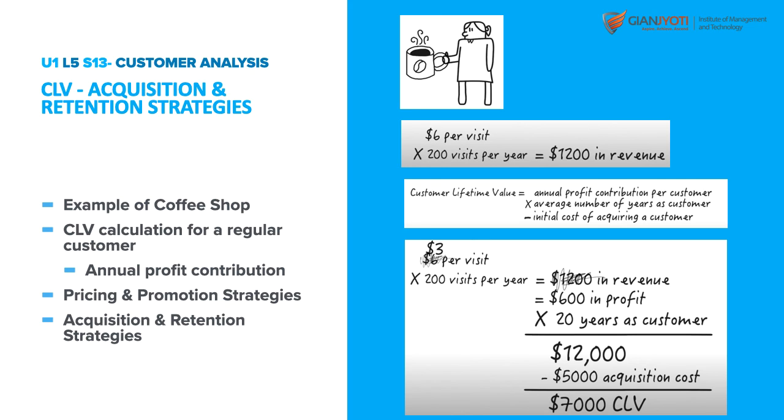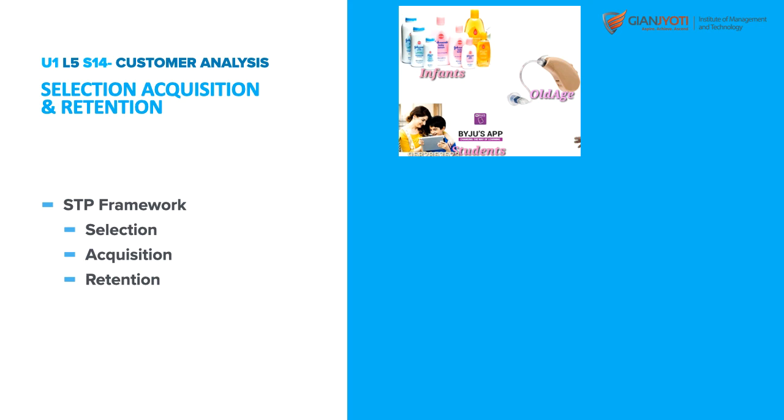So this is how you work on your retention strategy, because you want to retain this customer for 20 years, because maybe this is the highest CLV this particular customer is giving you. So that is how customer choice relates to the retention strategy here.